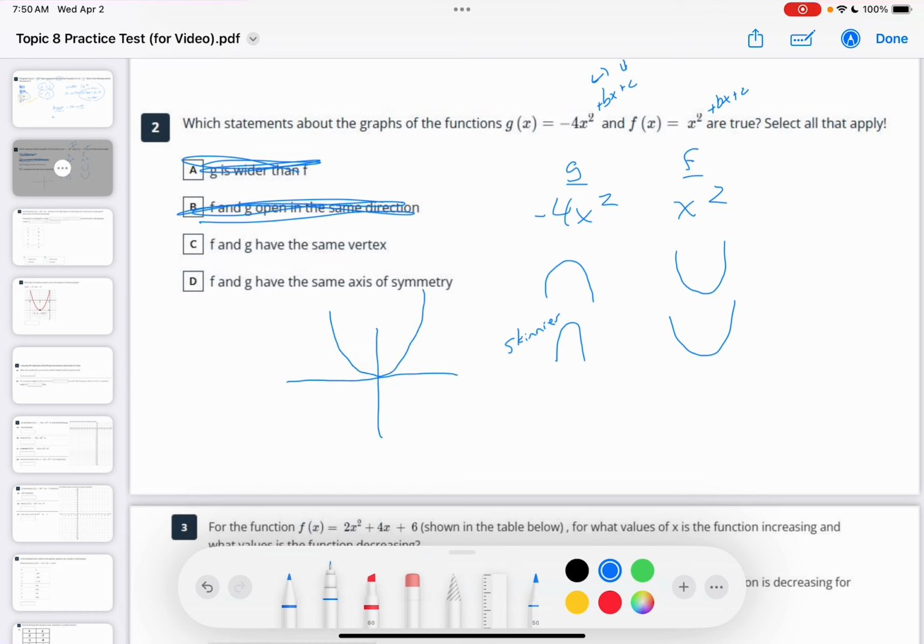It would come down, have a vertex of 0, 0. And here would be G. Again, it's a little bit skinnier, but still has a vertex of 0, 0, and has the same axis of symmetry, which would be x equals 0. So those two things would be true for those two functions.